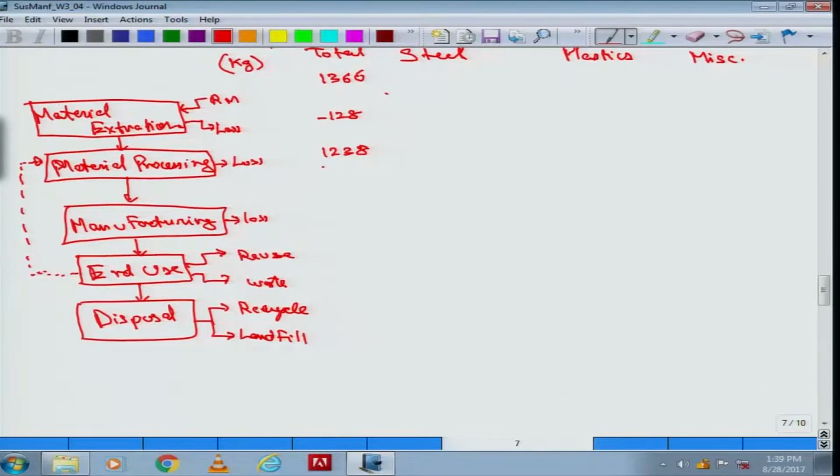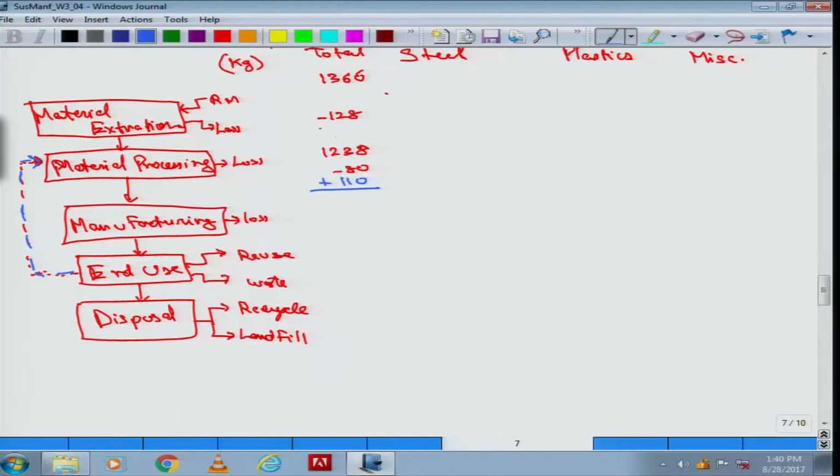Now in this case the loss was 80 kg of the weight. The weight that entered into the next stage would be 1238 minus 80 kg, and please note some weight is coming from end use as well. So this weight I would put in a different color here. So this weight is plus 110.